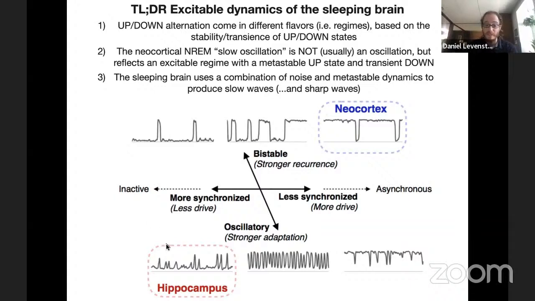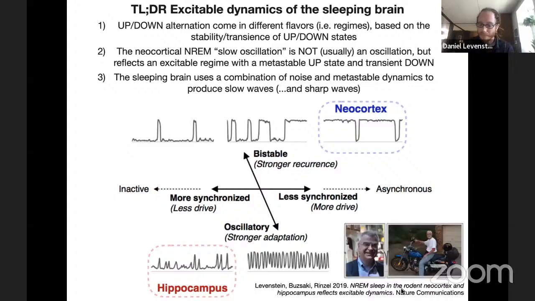What I didn't show you is that we can fit the hippocampal data with this model too. The hippocampal sharp waves are also well fit, except in this complementary excitable regime where the downstate is stable, but noise can kick you into transient upstates or sharp waves. For more, you can see this paper in Nature Communications with Yuri Buzhaki and John Rinzel.